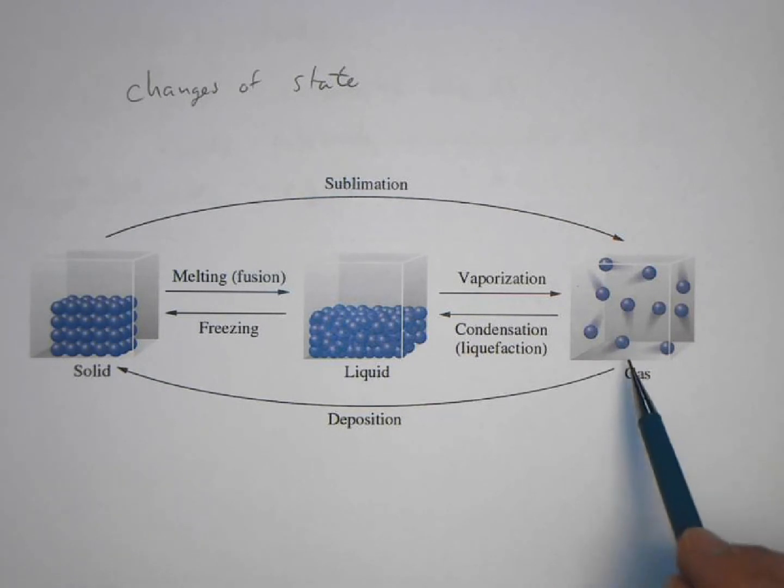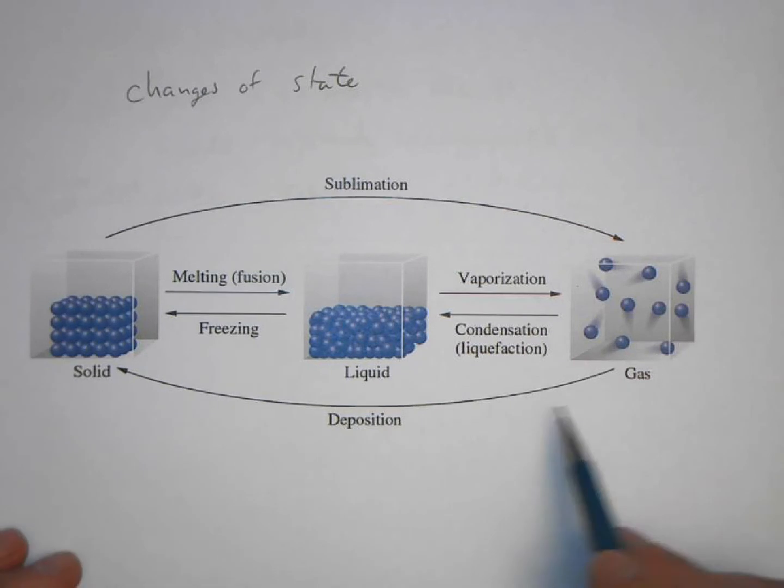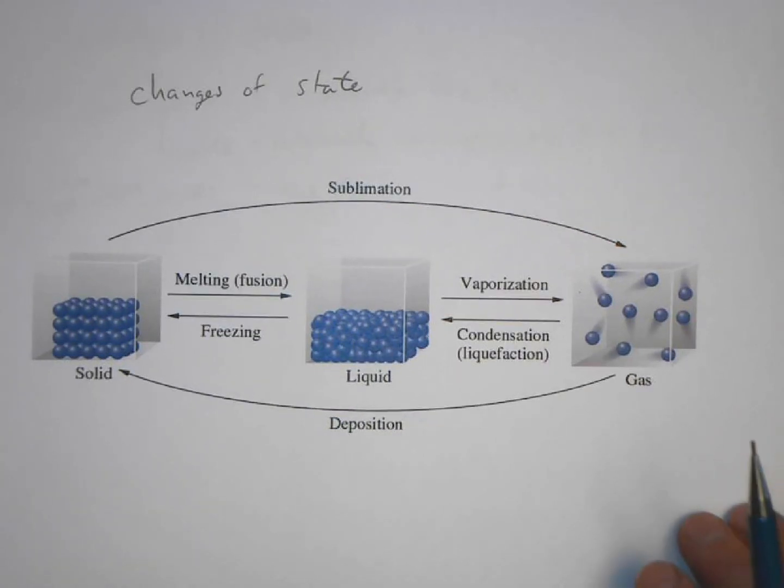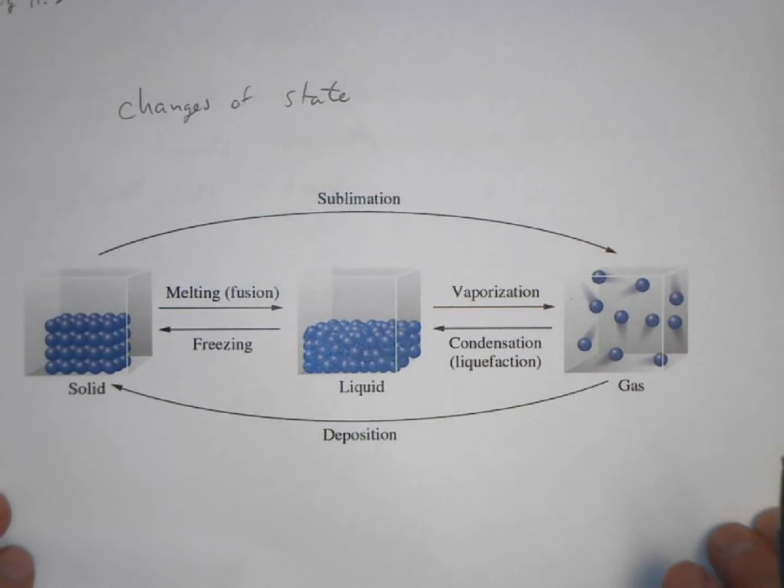Also, we can go from a gas to a solid directly too. We call that deposition. Sometimes it might be called condensation, but typically we call it deposition. These are just some terminology that we're going to be using when we talk about these things.